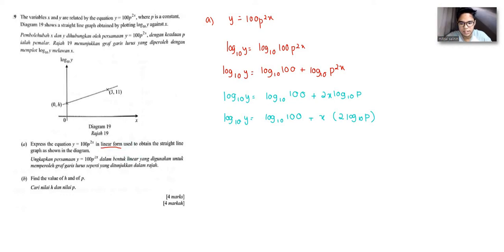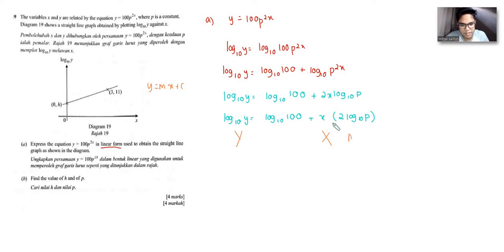Since every straight line follows the equation y = mx + c, we are going to compare this equation and see whether it is a straight line or not. So here we have our y. So this is our new y. And here we have x over here. And beside x must always be m, the gradient.